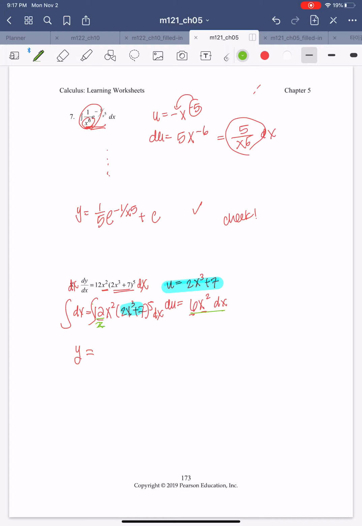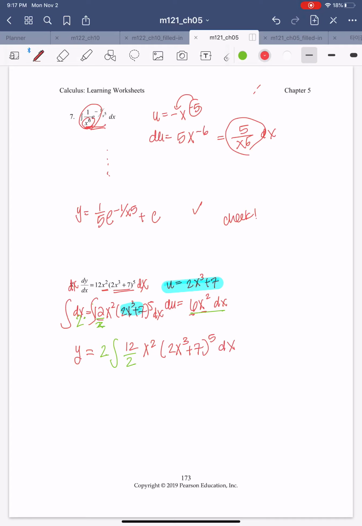Then I divide it by 2, then this time I multiply by 2 to cancel it out. So it looks like 2 here, 12 divided by 2. That's the modification that you made to match up x squared, 2x cubed plus 7 to the 5th power dx.